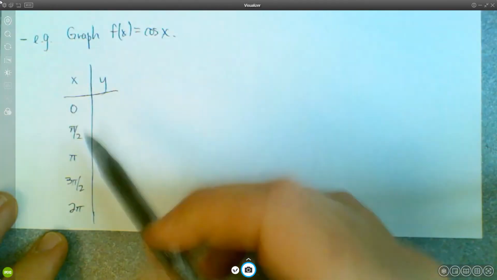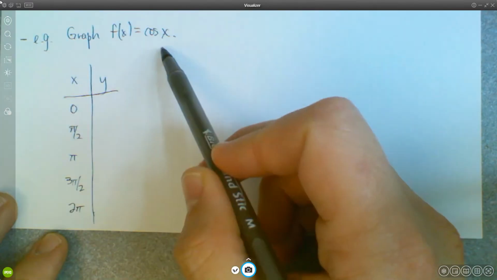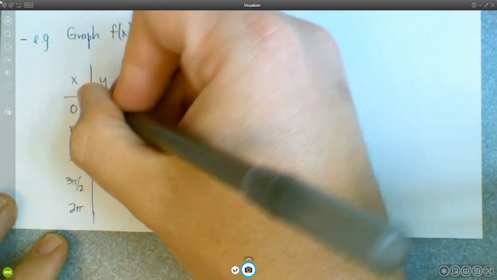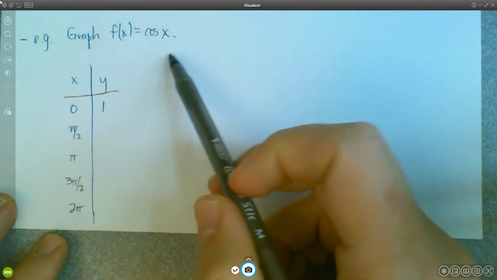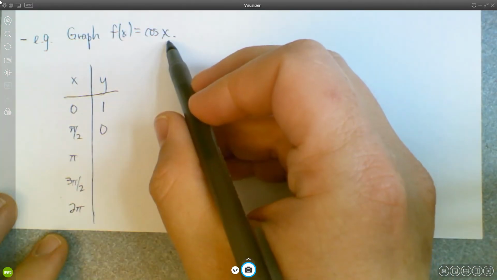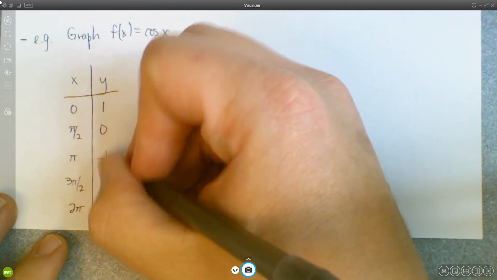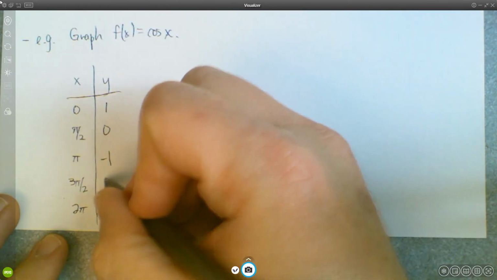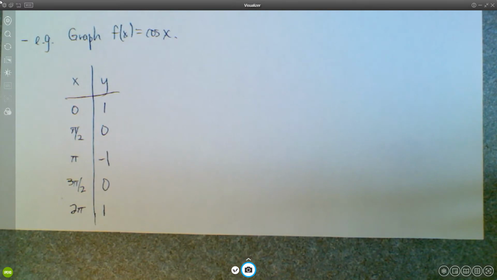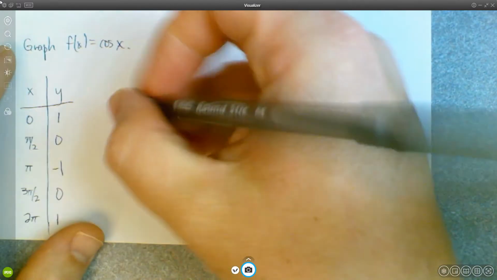Okay, so now let's think. If I plug in 0 for x to the cosine function, cosine of 0 is 1. Cosine of pi over 2 is 0. Cosine of pi is -1. Cosine of 3 pi over 2 is 0. Cosine of 2 pi puts us back at 1. So let's see what's going on here.